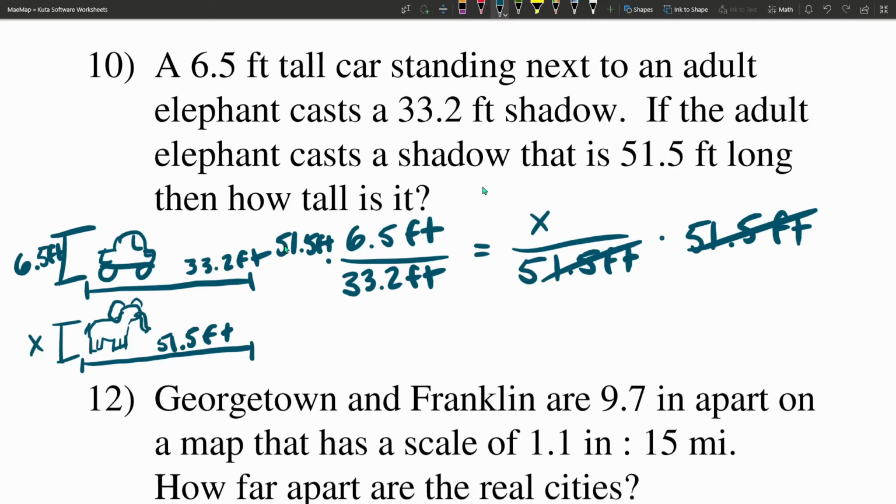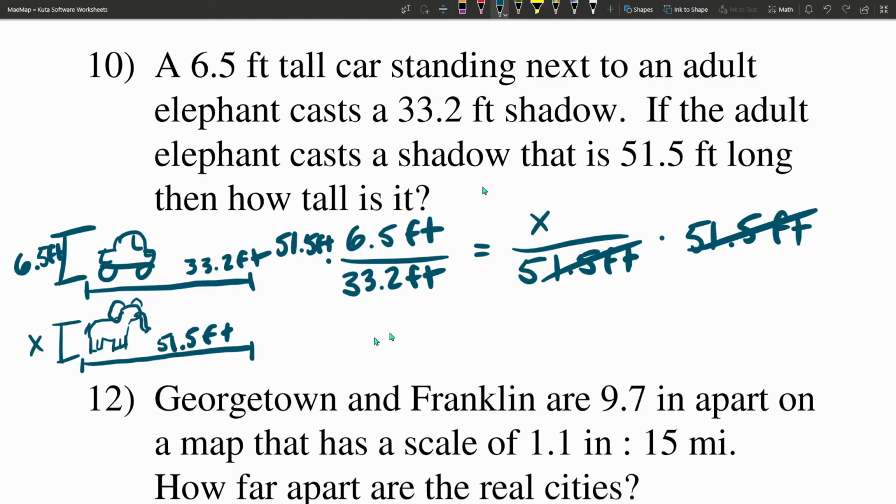Now feel free to use a calculator, or if you can't, multiply and then do some long division. But 51.5 feet times 6.5 feet is going to be 334.75 feet. And if I divide that then by my 33.2, I'm going to get 10.08.